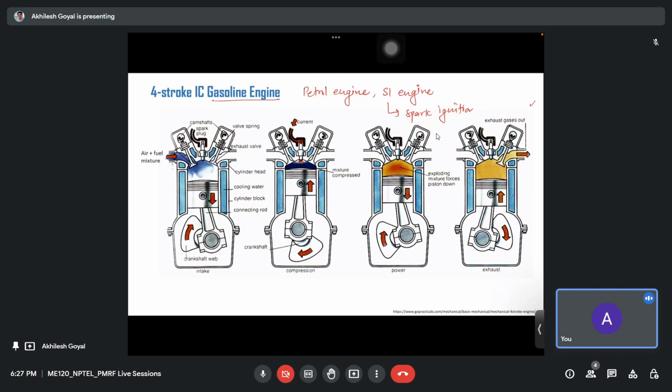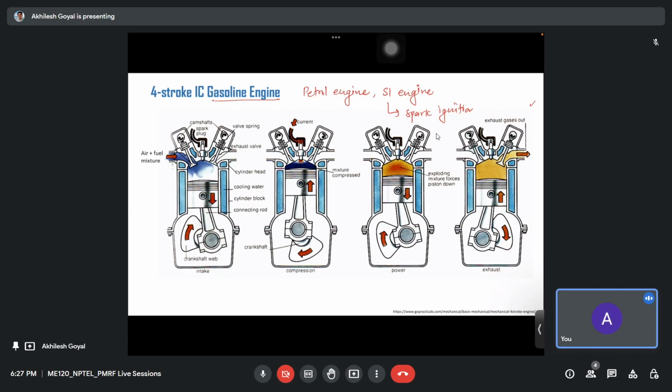And as the piston reaches the bottom dead center and the gases complete the expansion, the piston again starts moving in the upward direction, and this time the exhaust valve opens.